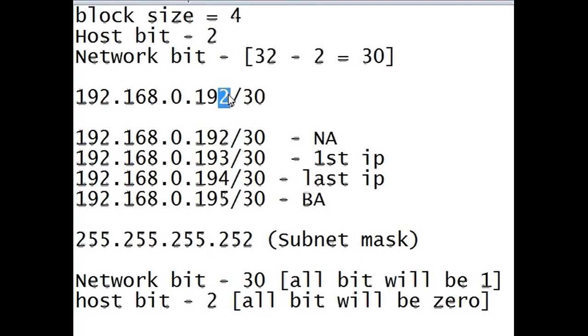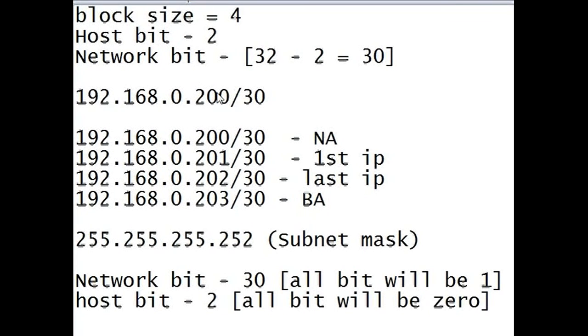Next will be, after 192 add 4, 196. So the next network will be 196, 197, 198, 199. So this is my next network. The next network will be again 200, 201, 202, 203, like that.